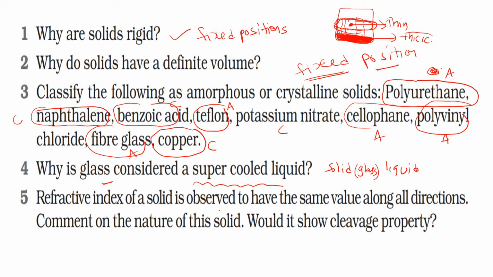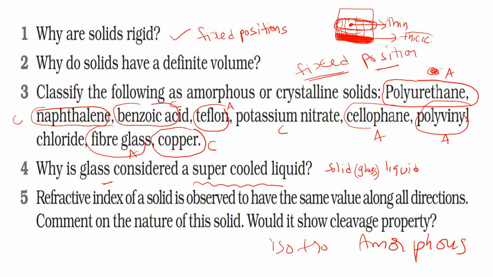Next, the refractive index of a solid is observed to have the same value along all directions. I told you about isotropy; it is exhibited by amorphous solids. What is isotropy?